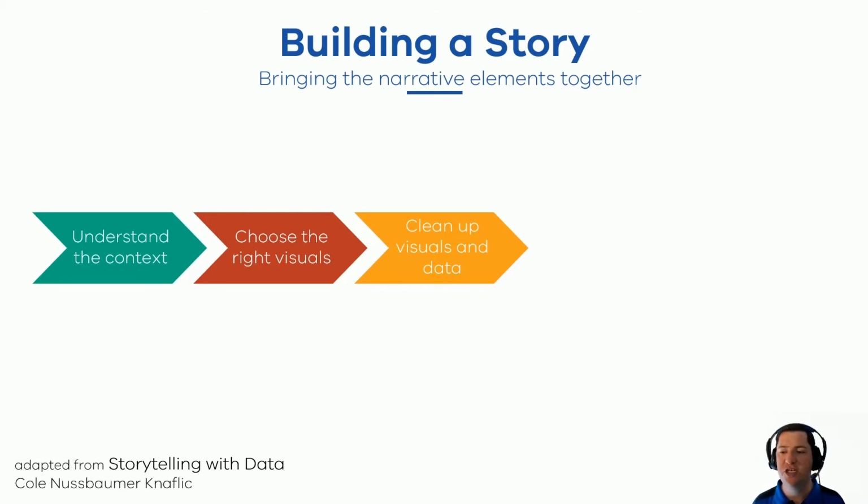So what we try to do here is we try to get rid of any excess information. We try to get rid of outliers and things that may not really have any relevance to the point that we're trying to tell, without compromising the quality and the integrity of the data.